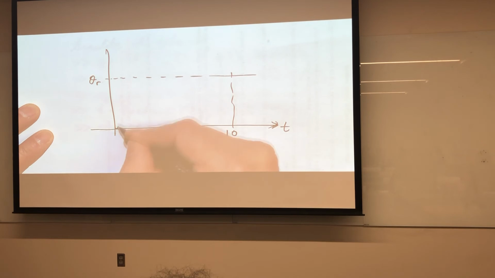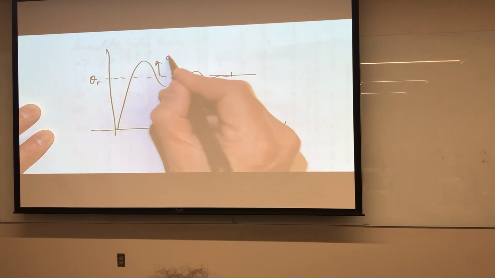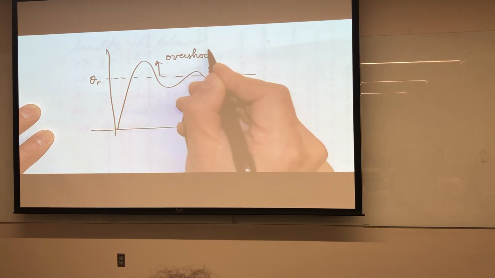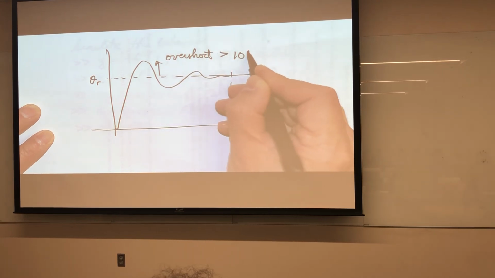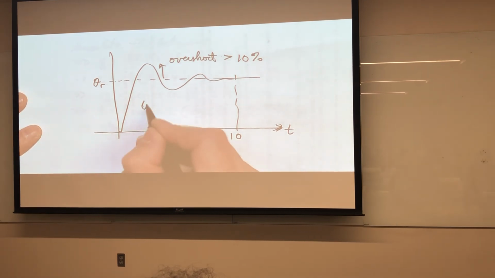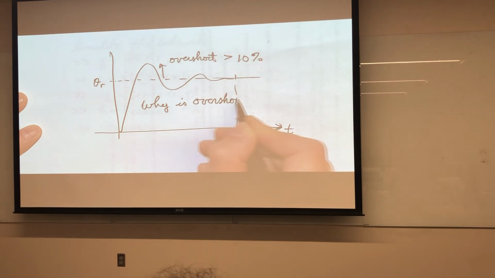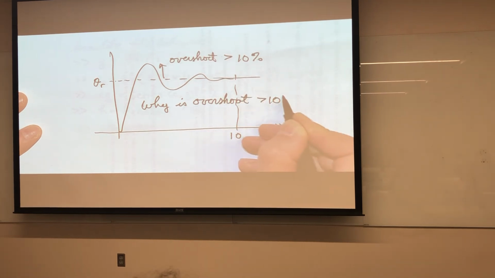But what you're probably going to find is that this overshoot will very likely be greater than 10%. Why is overshoot greater than 10%?